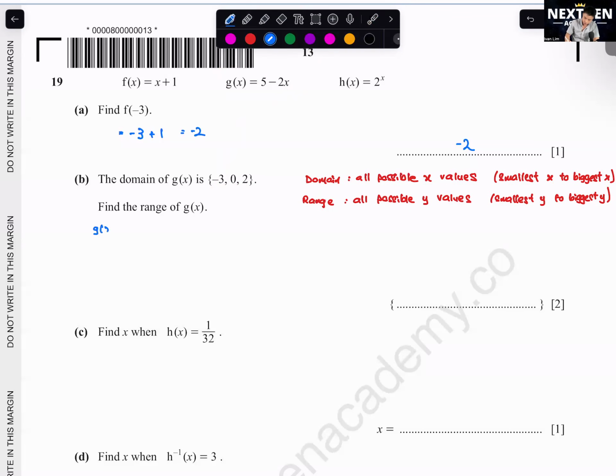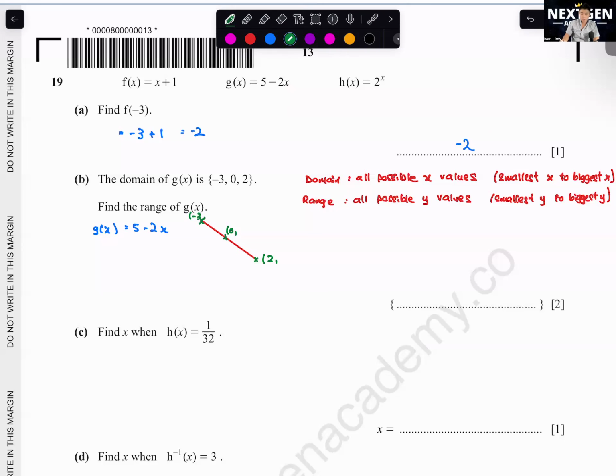The g(x) graph looks like that, going down, right or not? If we were to plot out the points, this is probably negative 3 for the x, this is probably 0, and then here is 2.